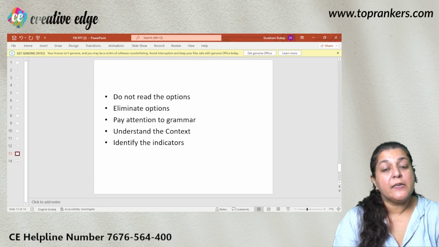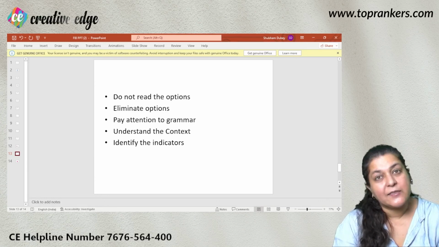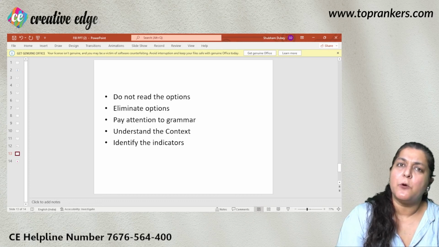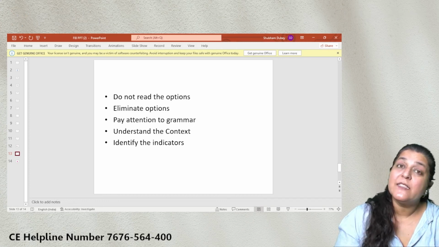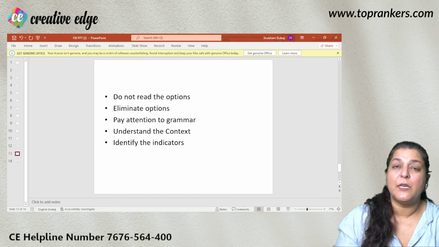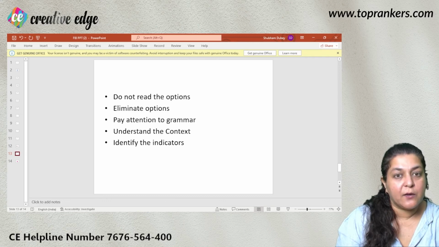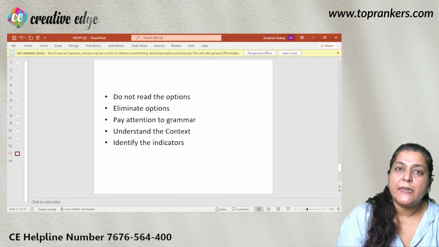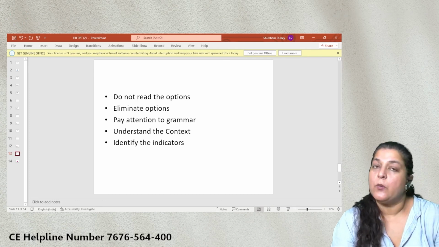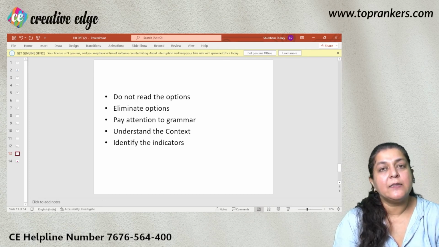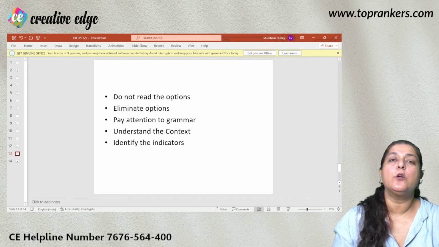The point after that is understand the context. Like we discussed earlier, whether a positive word fits there, whether a negative word fits there, or is there a particular jargon being followed in the entire theme of the sentence that you have to use there. Identify the indicators. This was done while we were doing rearrangement of sentences also. Like I told you, the sentence itself will be your clue giving area.